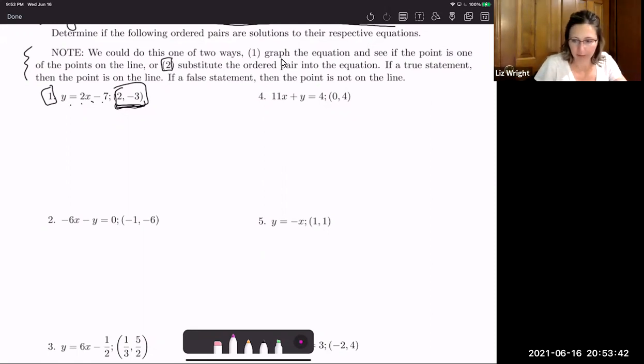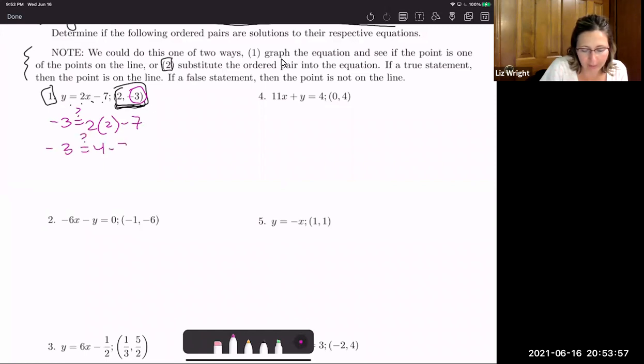All right, so here we go. We are plugging it in. So I'm plugging -3 in for y. So -3, does that in fact equal 2 times 2 minus 7? So then I get -3, does that equal 4 minus 7? And I can see right now we've got -3 equals -3, check.